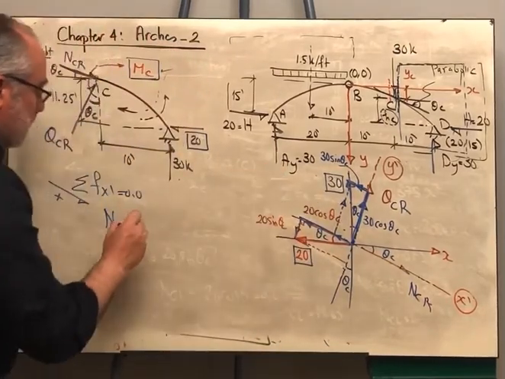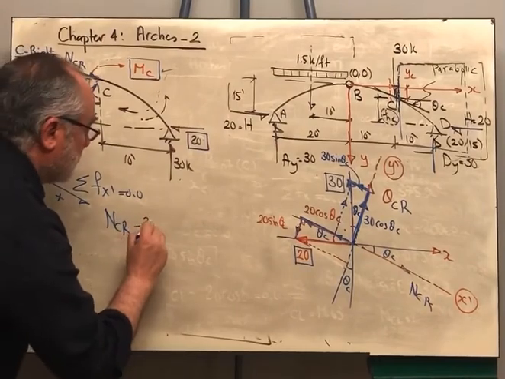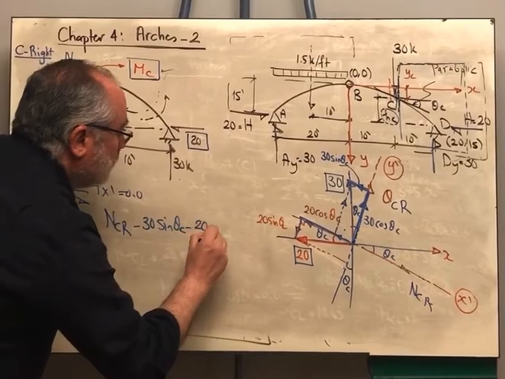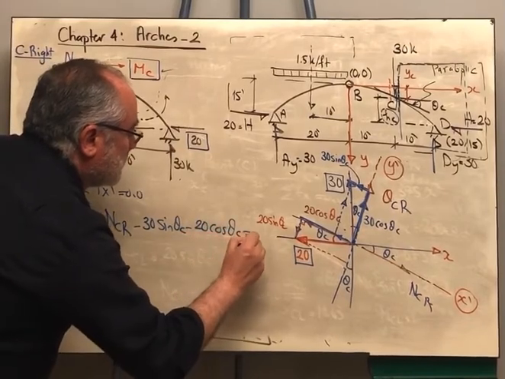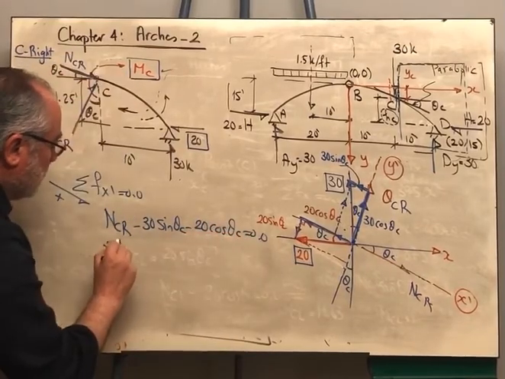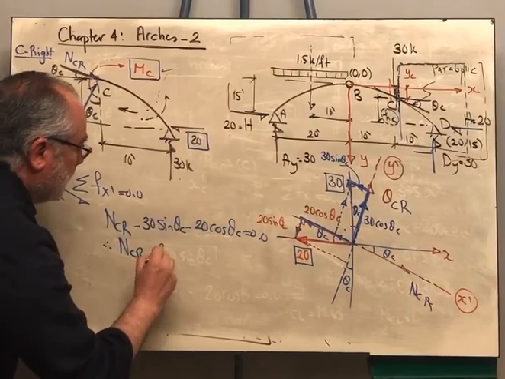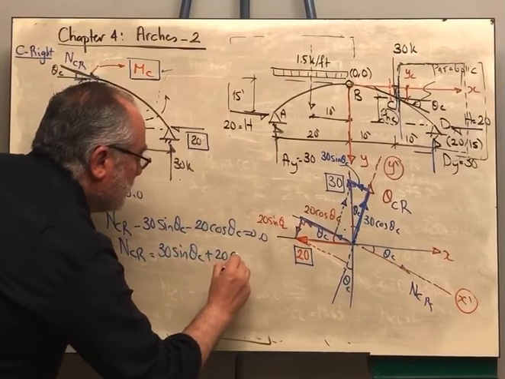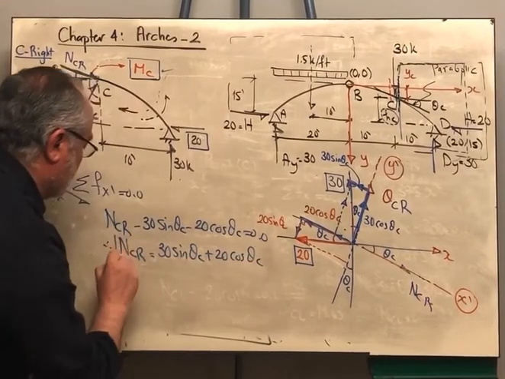So I will have minus 30 sine theta c minus 20 cosine theta c is equal to 0. From there, NC right equals 30 sine theta c plus 20 cosine theta c.